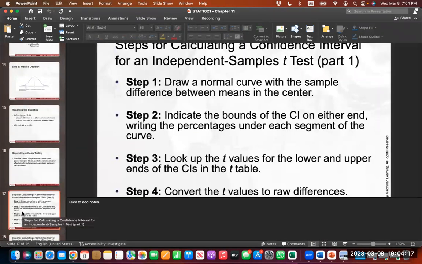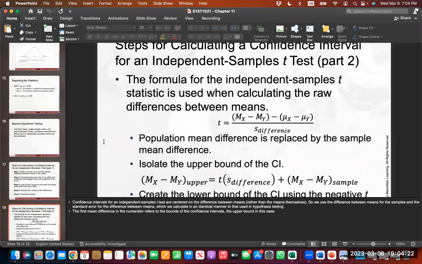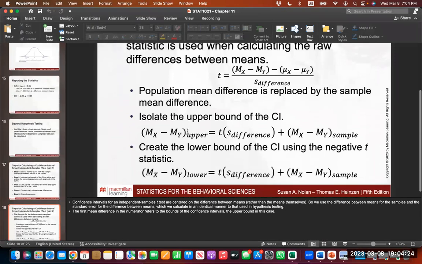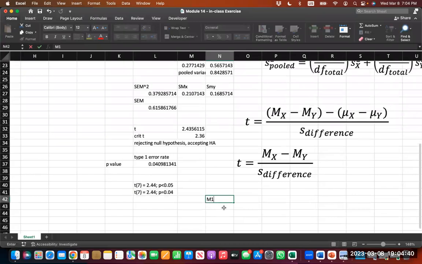So now we get to the confidence intervals. And also here, essentially, you would do it in the same way. You calculate the difference between average 1 and average 2, so M1 minus M2. This is N12 minus M12. So that's 1.5.